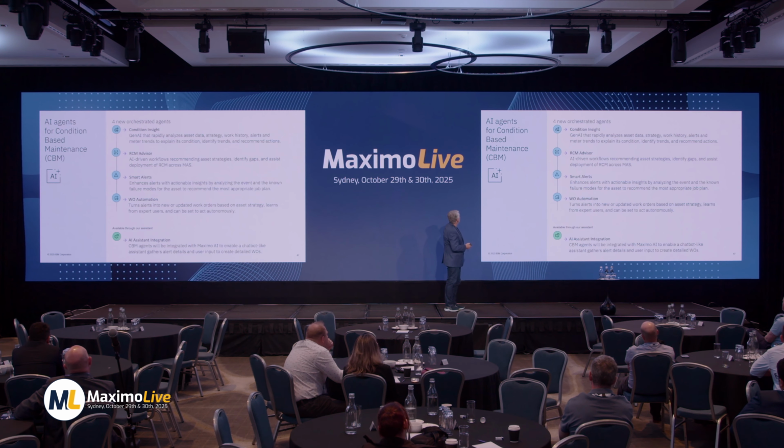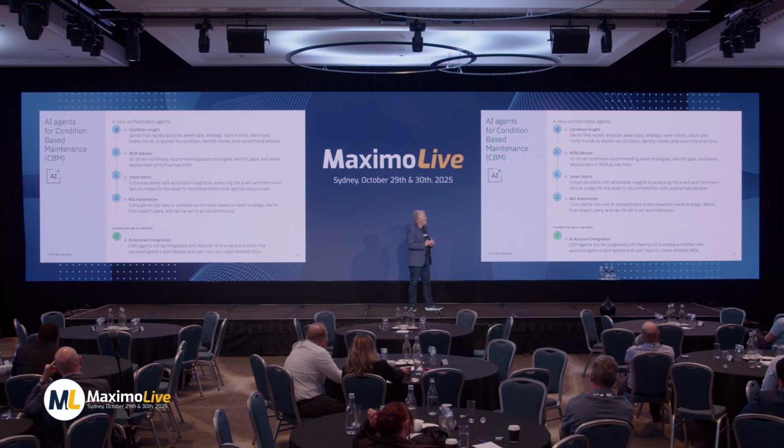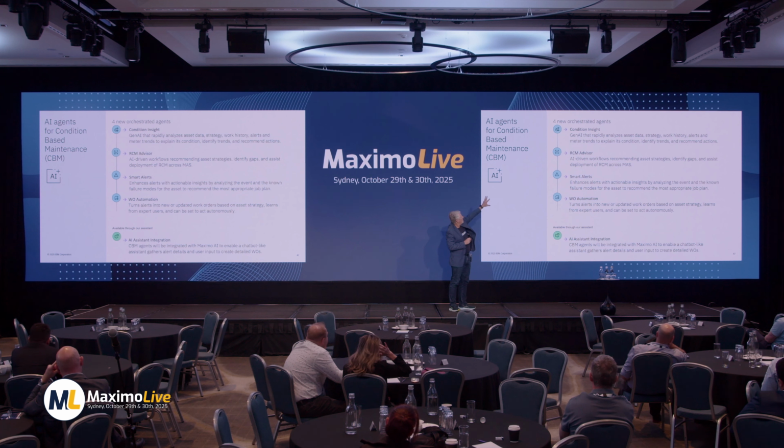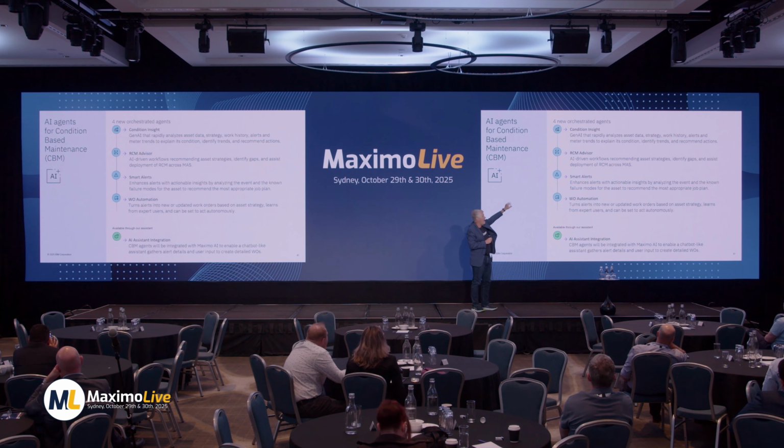So as I mentioned, agentic workflows. There are many of our processes that have multiple decisions as part of it. This is an example, just to bring it home for you, of condition-based maintenance. So I can have an agent, and I want to get insights as to what's happening with the condition of that asset.